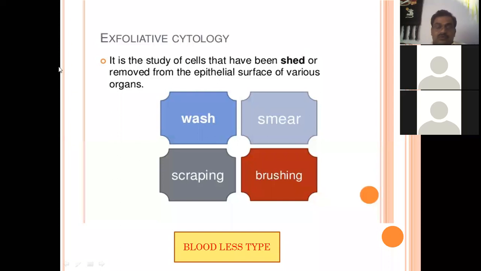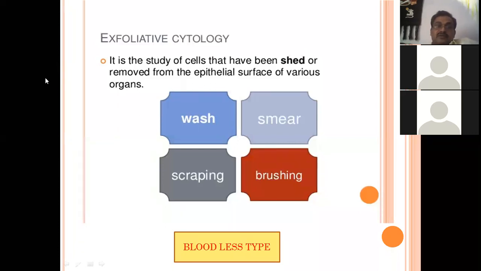So what is the importance of exfoliative cytology? Very simple. It helps in very early detection of any dysplastic or neoplastic changes in the cells. So always when you are doing exfoliative cytology, you should apply appropriate measures for the collection of cells. And when you have studied the abnormal morphology, it helps the clinician to formulate appropriate measures for getting control of that disease condition.